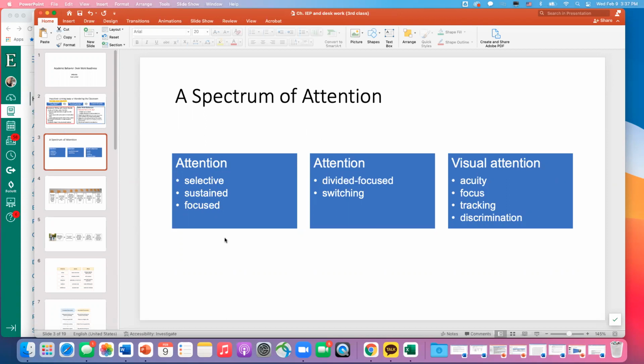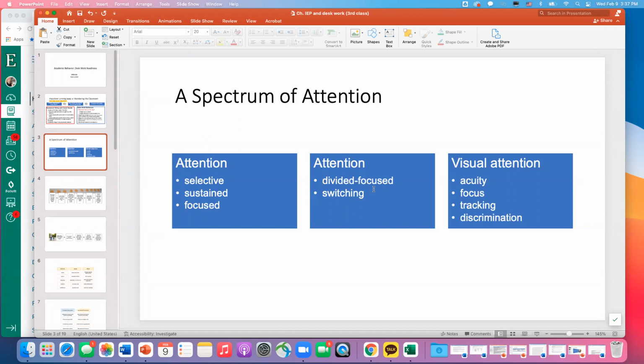Student-teacher relationship and teaching. However, divided attention, focused attention, and switching attention are very, very hard for children with ASD and intellectual disabilities. Okay, so divided attention means their attention is too much focused, and it's like OCD.